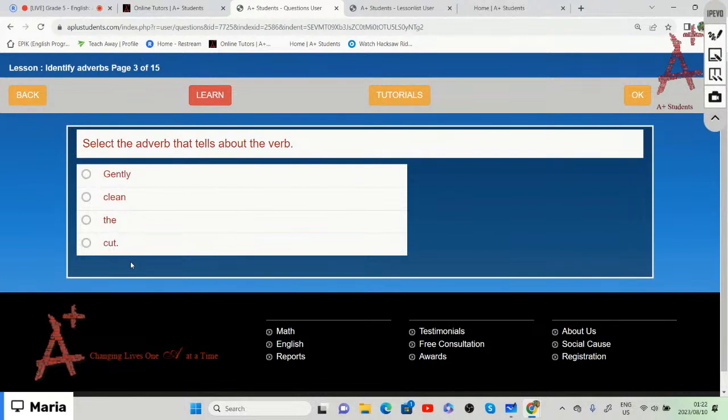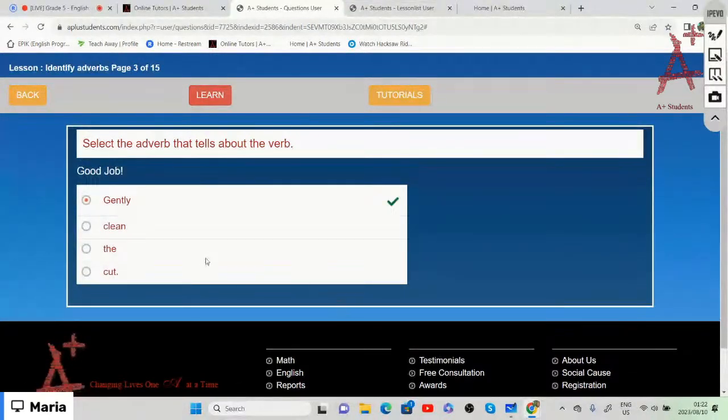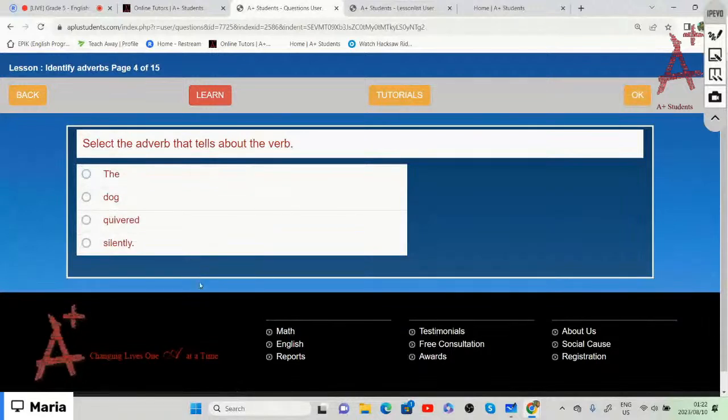And remember we said the adverbs that tell us how end in ly. So gently clean the cut, gently being our adverb.